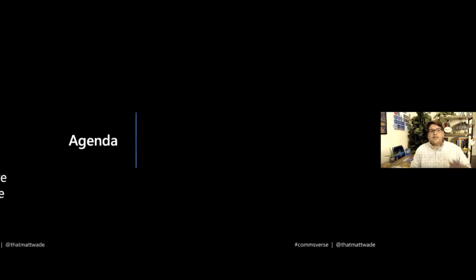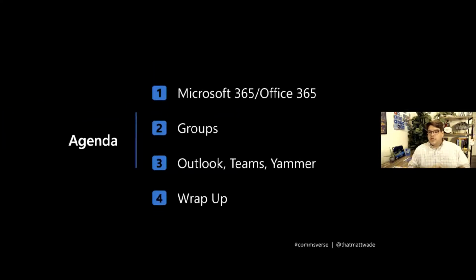So with that out of the way, let's talk about the agenda for the session today. First, I'm going to talk a little bit about Microsoft 365 versus Office 365. I want to get on the same page here so we're all level set before we even start talking about groups. From there, we'll talk about how groups work in the background, what it means, what it is, and then we'll jump specifically into how groups work in Outlook, Teams, and Yammer.